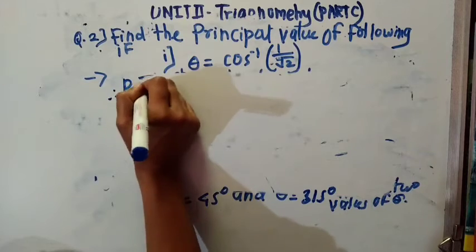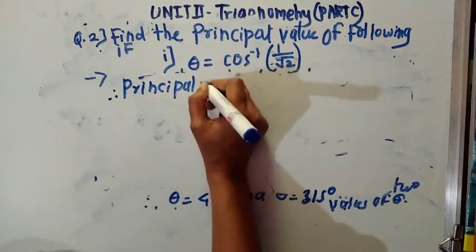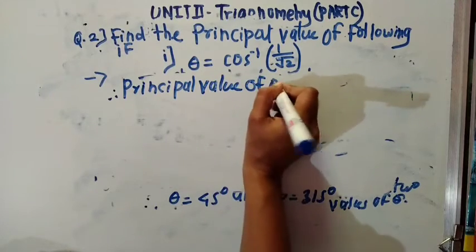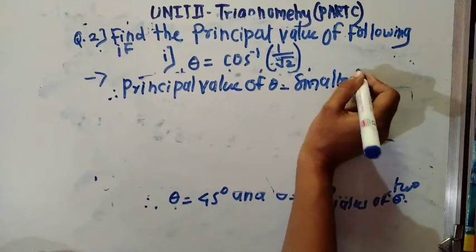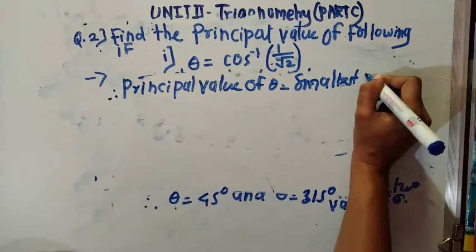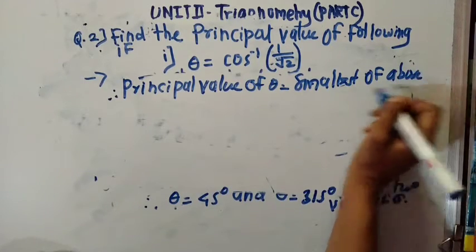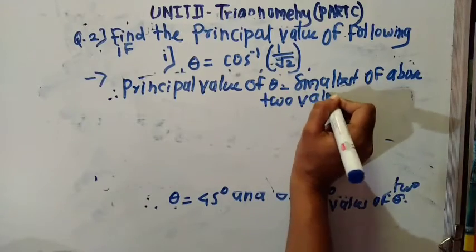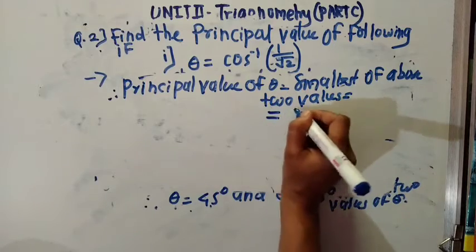Hence principal value of theta is equal to smallest of above two values. Smallest कोणती व्हॅल्यू आहे? 45 degree.